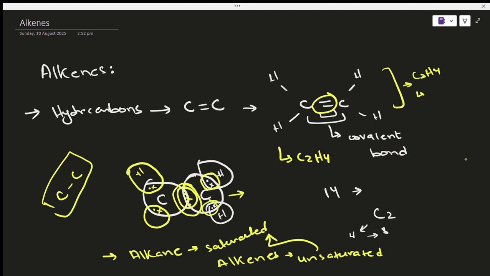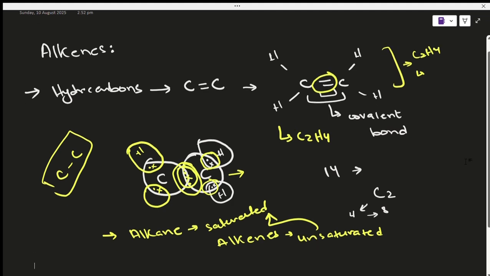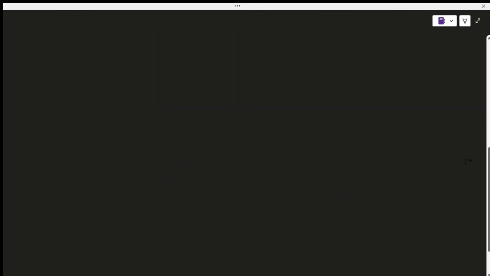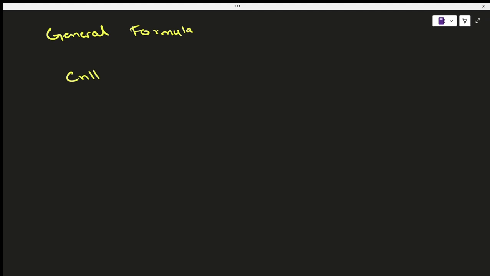Now let's talk about how the general formula works. The general formula for alkanes we already know is CnH2n+2. This one is for alkanes, not alkenes. For alkenes, the general formula looks like this: CnH2n.